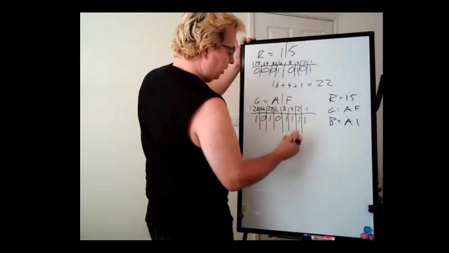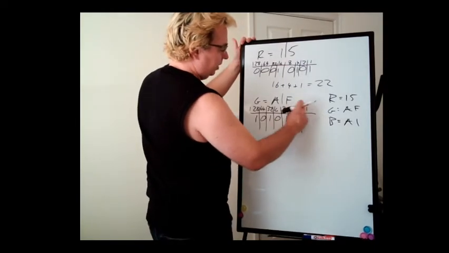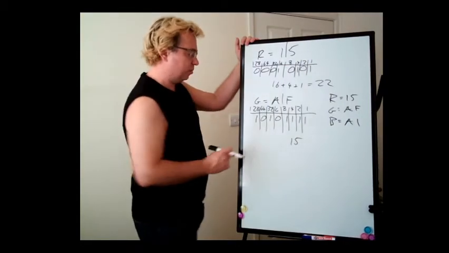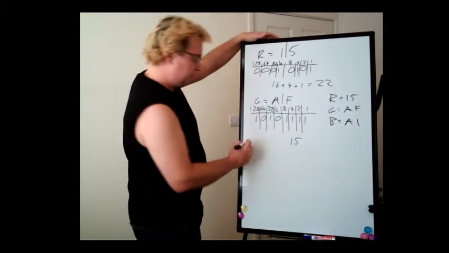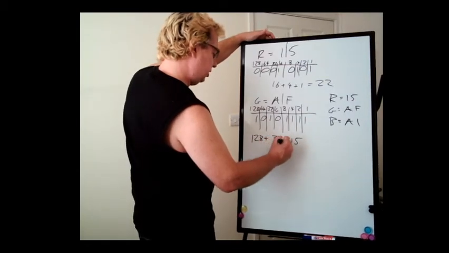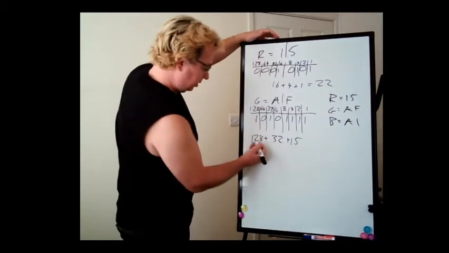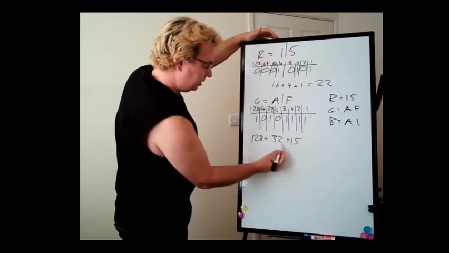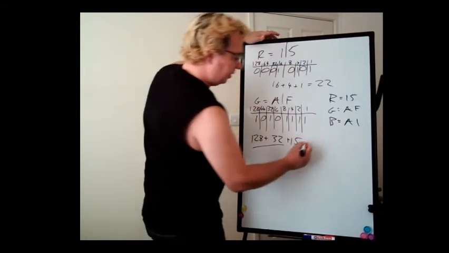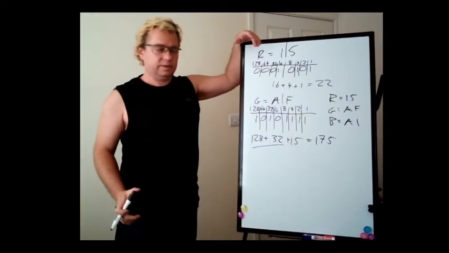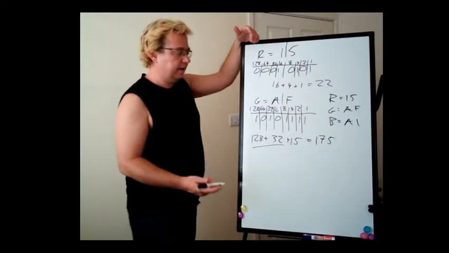And I know this end is 15, so I'm going to go 8 plus 4 plus 2 plus 1. I've got 15 there because I've got that memorised. This one's a bit trickier. 128 plus 32, so that is 160 for these two, plus 15 gives me 175. So there's quite a lot of green in there.